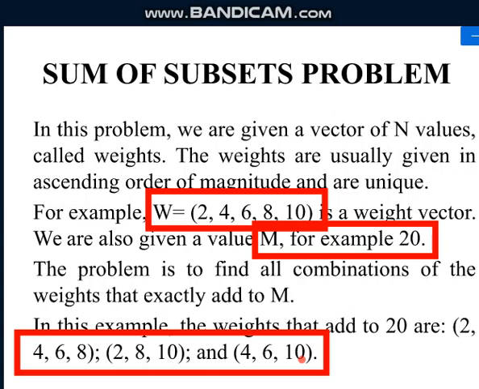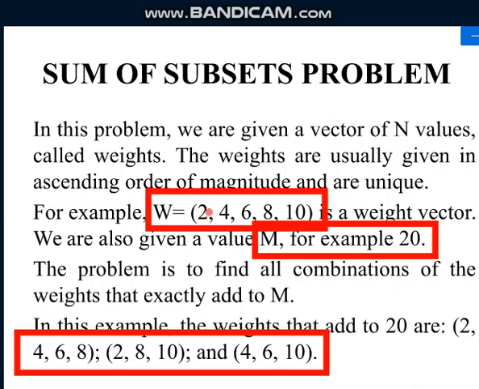So you have to find the solution. The solution is nothing but generating a subset from the main set such that the sum of the values in that subset is equal to the given value m. So this is what the problem is all about.